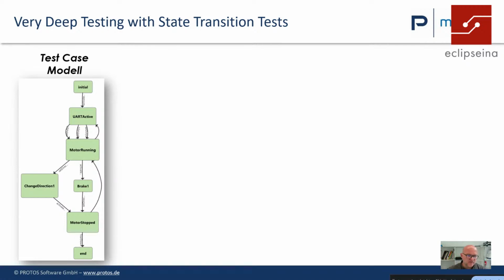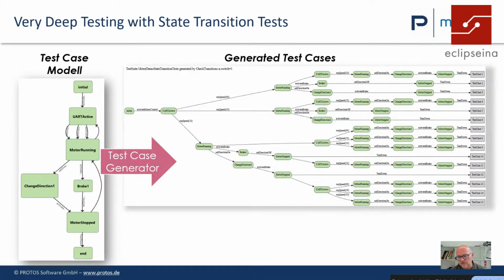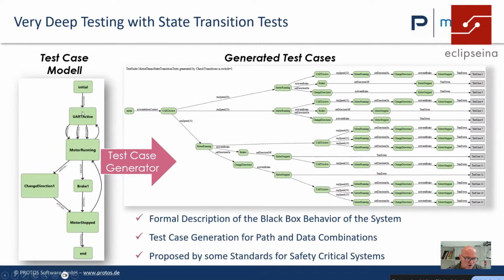You have a very good so-called state transition test method to define this. And then we generate all the test cases needed to cover this graph. So for example, here you can see all paths from initial to end are generated as distinct test cases. Here you see the states, and here you see the test snippets you're activating while running those test cases.